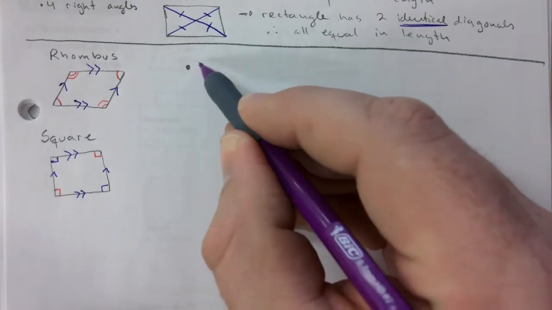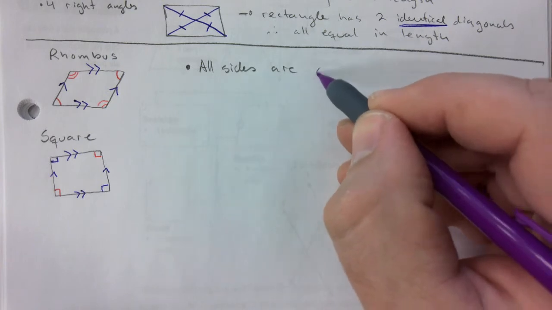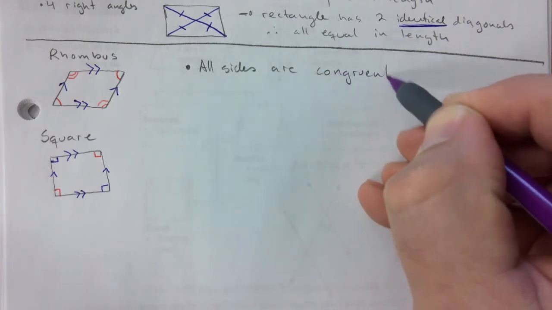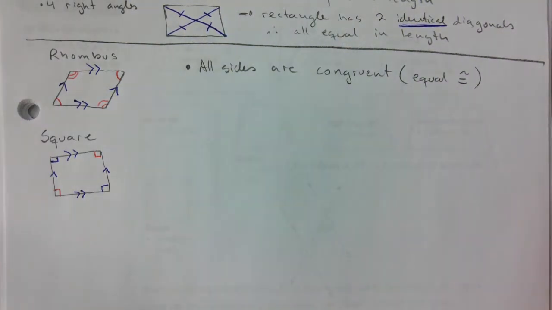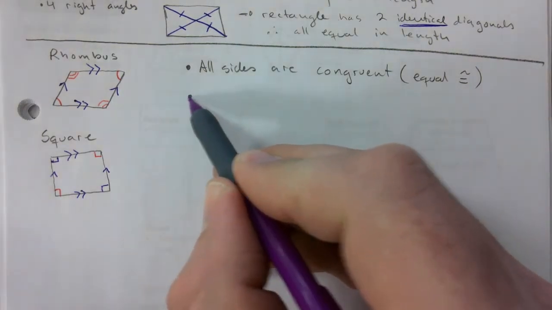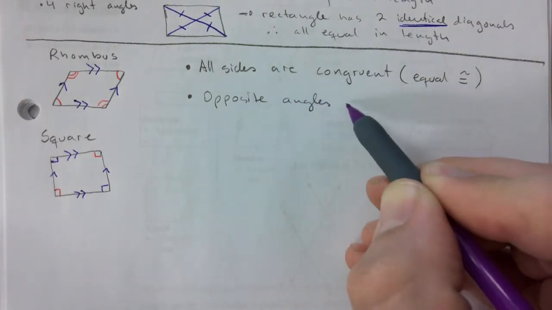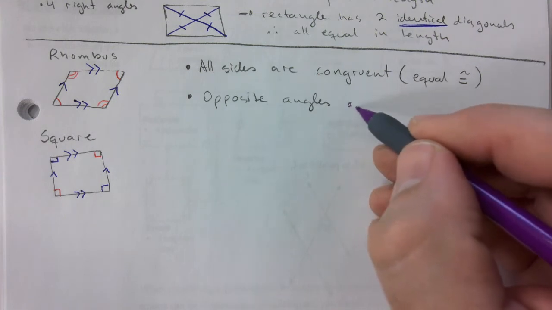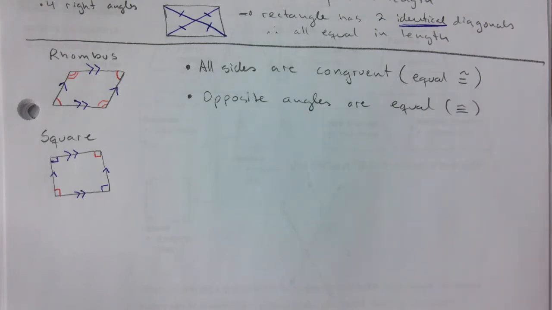So something that's true about all of them is all sides are congruent, equal in length, right? Opposite angles are equal as well.